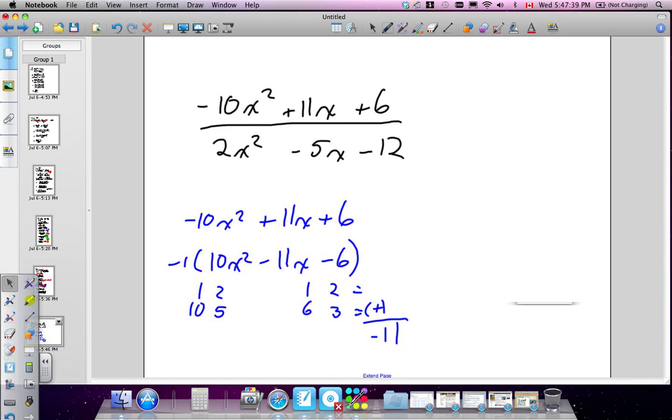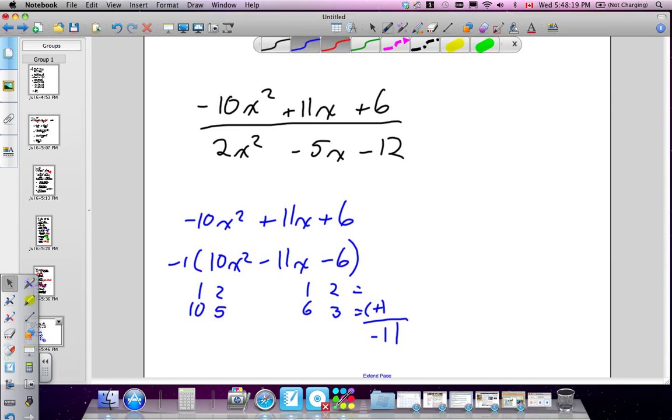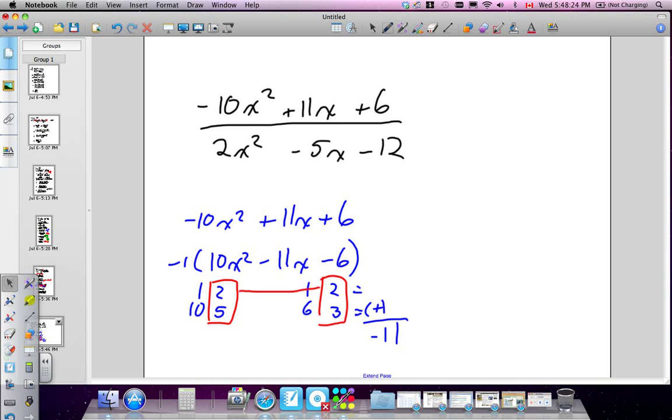Quickly looking at this, I discovered that this and this will work. The way it'll work is if I do 2 times 2, I get 4. 5 times 3, I get 15. As long as the 4 is positive and the 15 is negative, I'll get negative 11. So that means the 3 needs to be a negative and the 2 needs to be a positive.